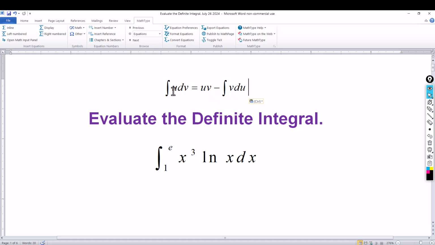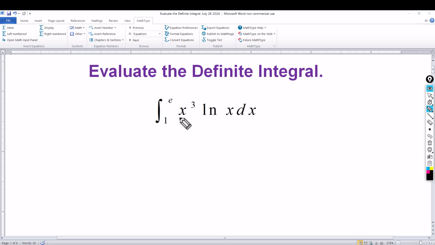So we're defining a function u that we can differentiate, and then a function dv that we can integrate. So there's your formula. Now I can integrate x to the third. I can take the derivative of ln, but integrating it is a little bit more involved. We'd have to derive that formula in another video.